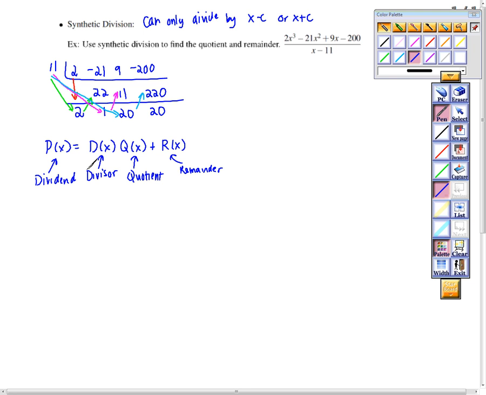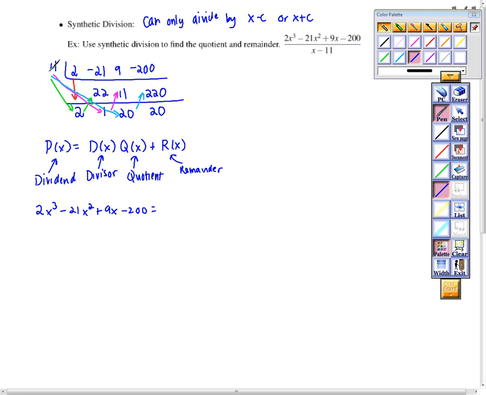So I could write this as my dividend, 2x cubed minus 21x squared plus 9x minus 200, equals my divisor times my quotient.